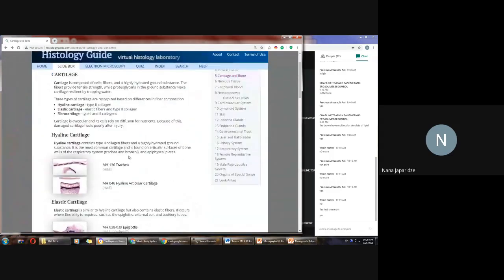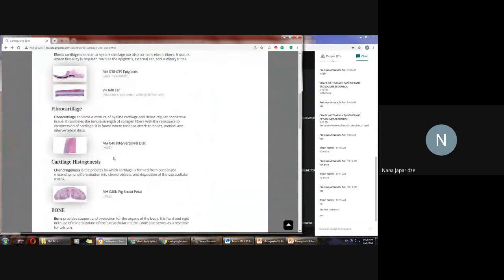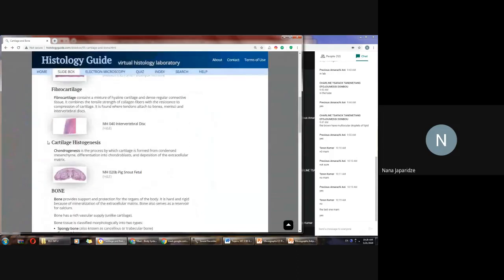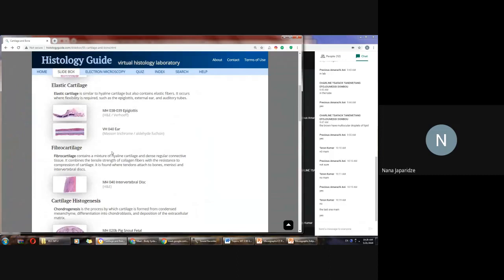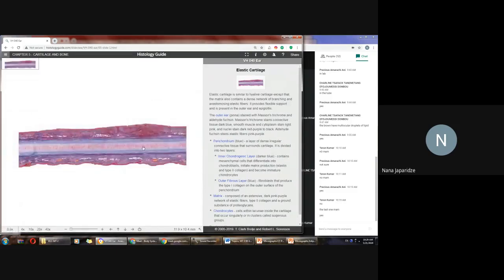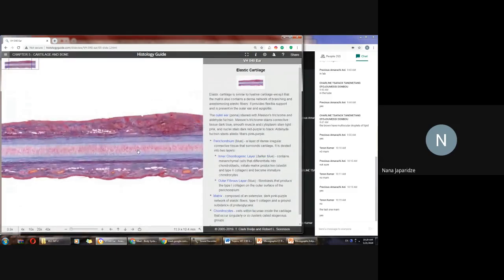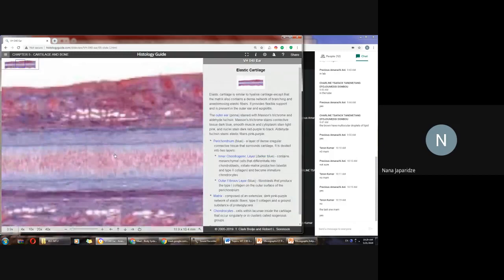So you have to know the differences between different types of cartilage tissues. I mean, fibrocartilage, elastic cartilage. Look, this is elastic cartilage. And this is the external ear.